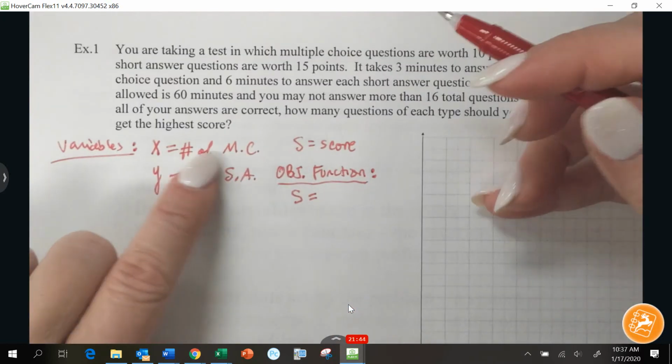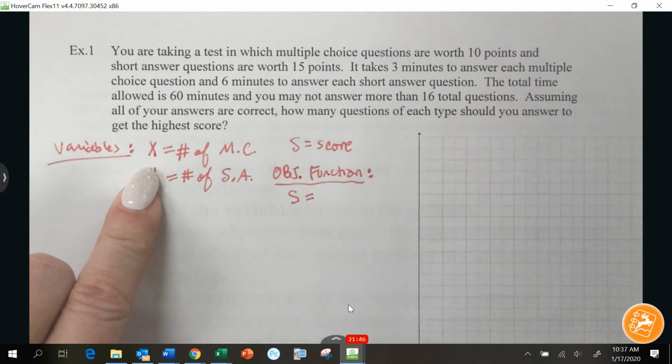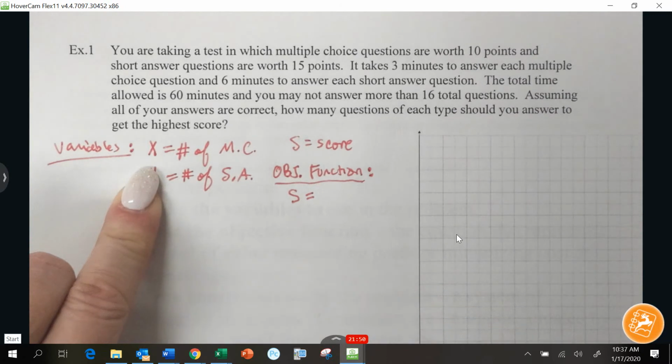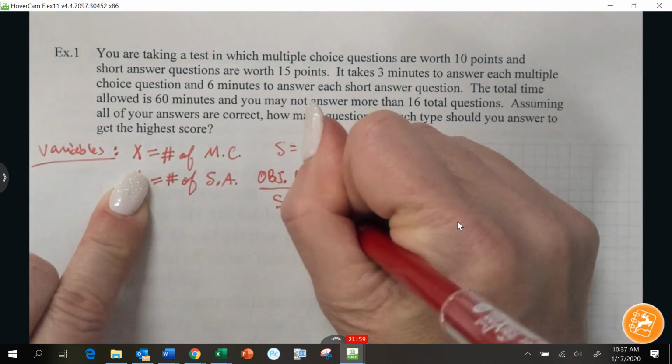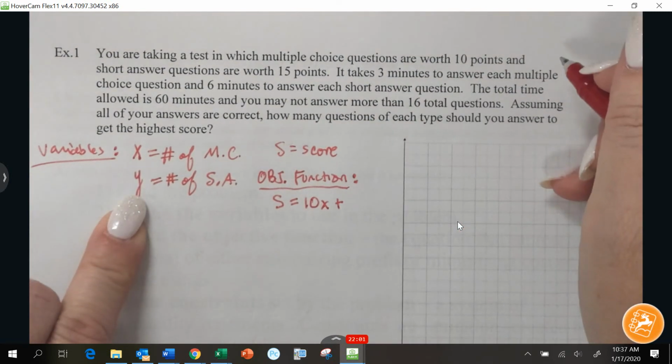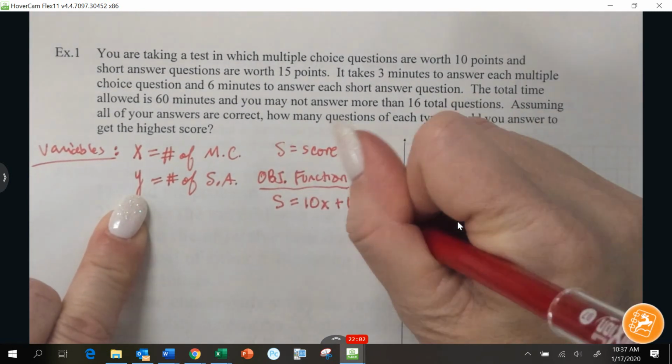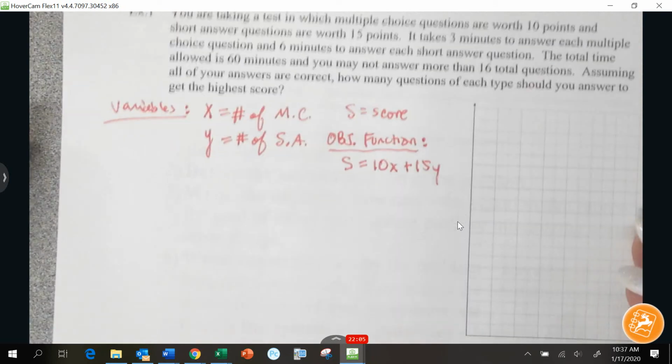It's going to be the number of multiple choice questions that you answer multiplied by how much they're worth. How much are they worth? 10 points each. Okay, so 10x plus, what about the short answer? 15y. So there's your objective function.